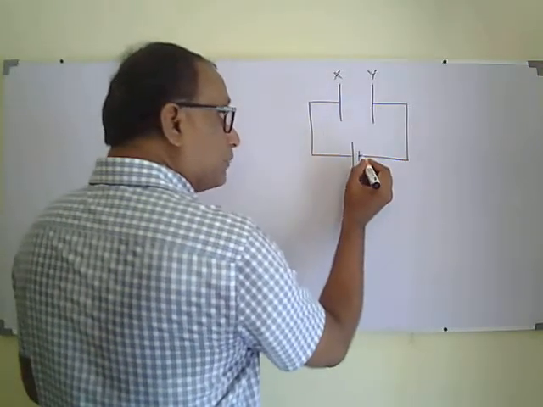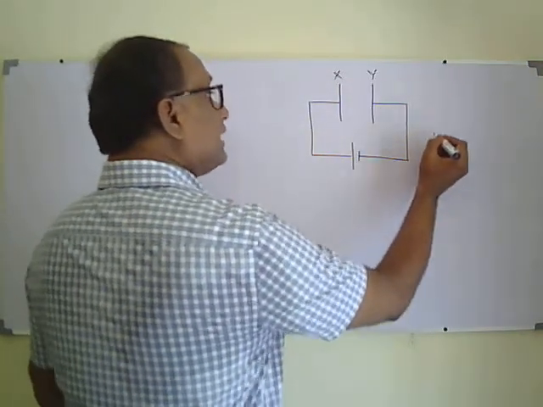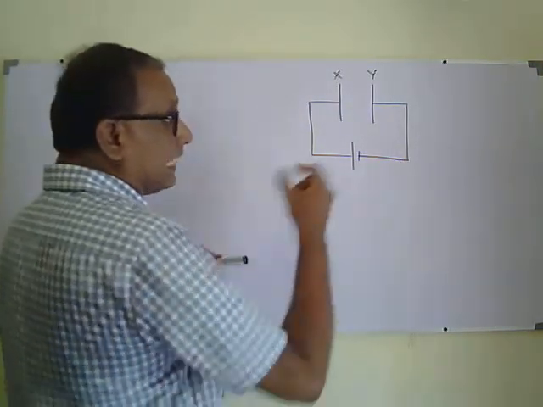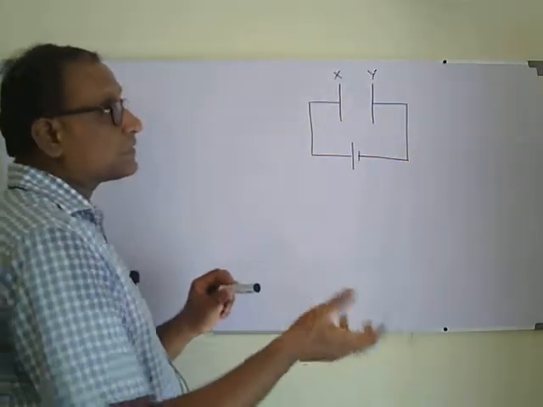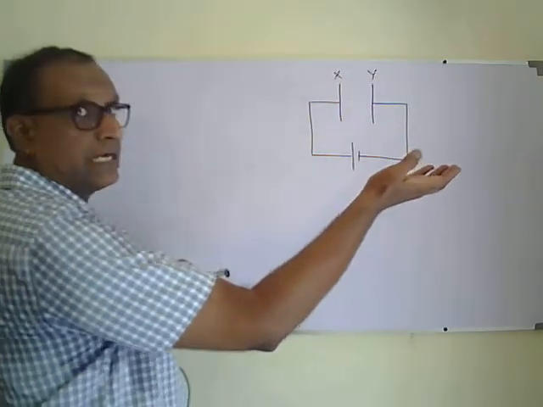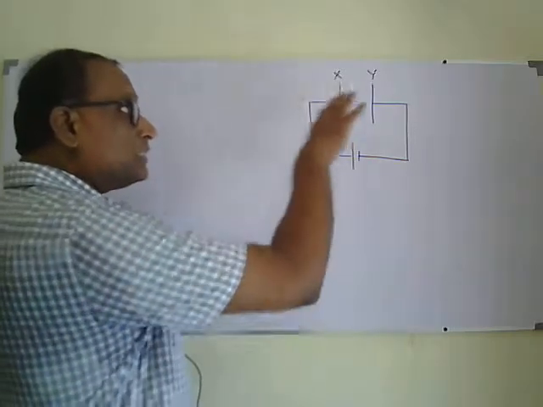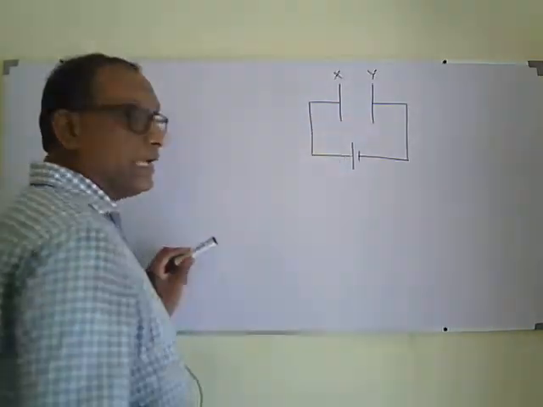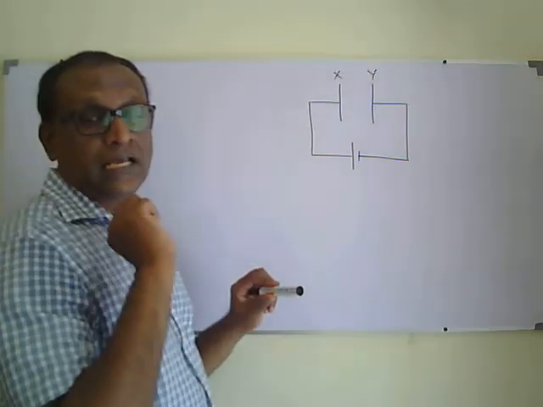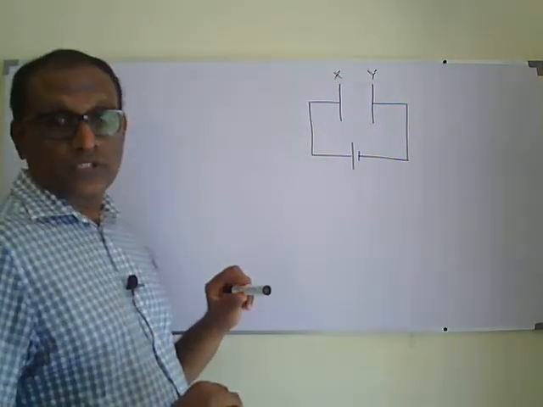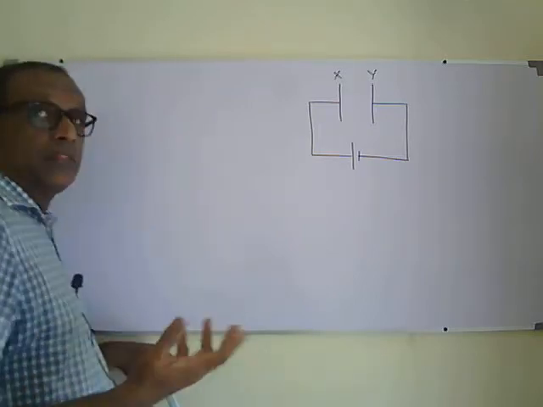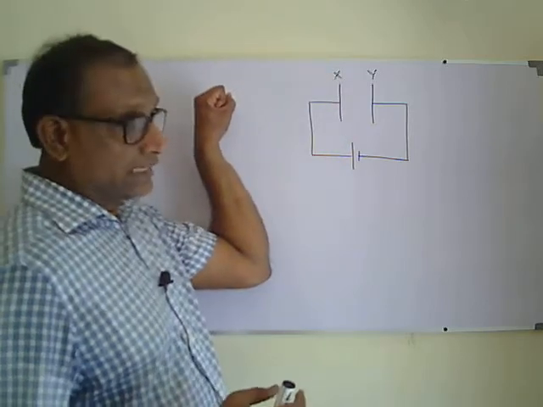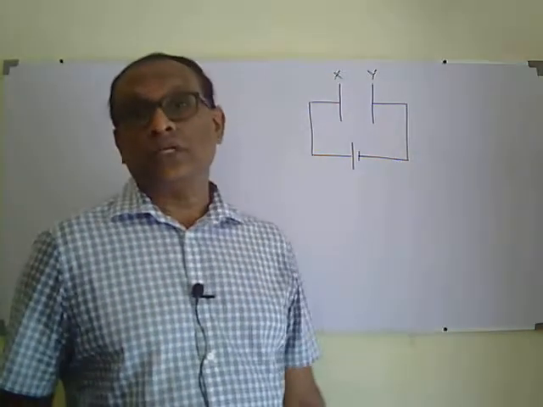So overall, the DC power supply or battery is doing work to remove electrons from plate X and add electrons to plate Y.